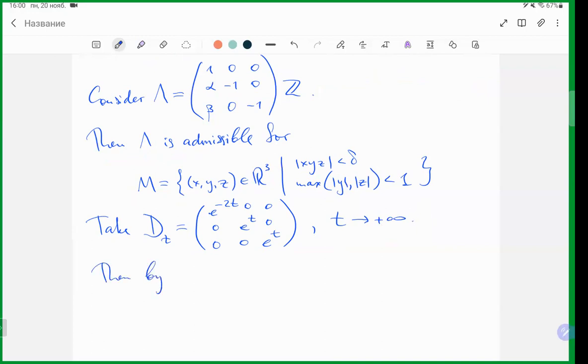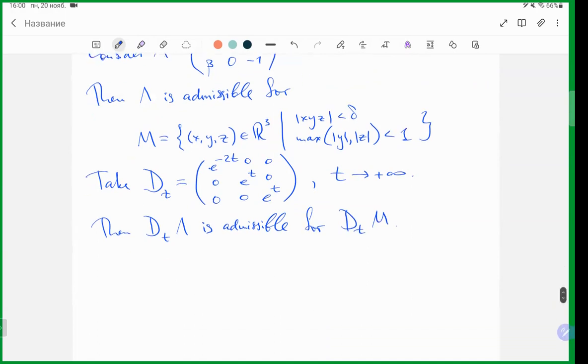Then obviously D_t lambda is admissible for D_t M, clearly, right?